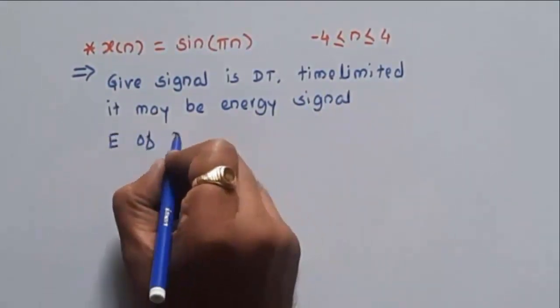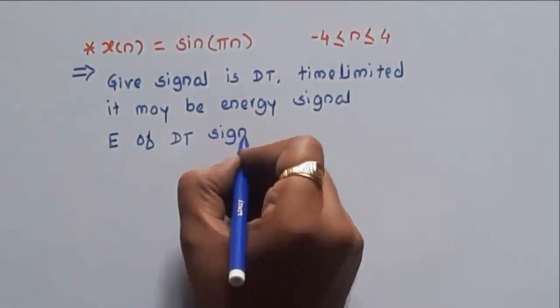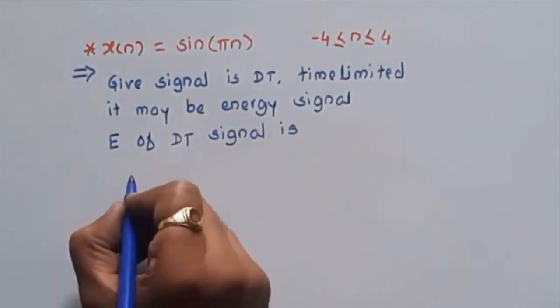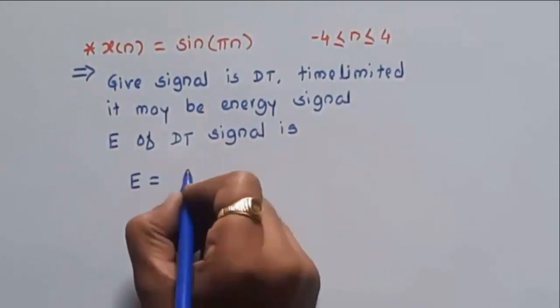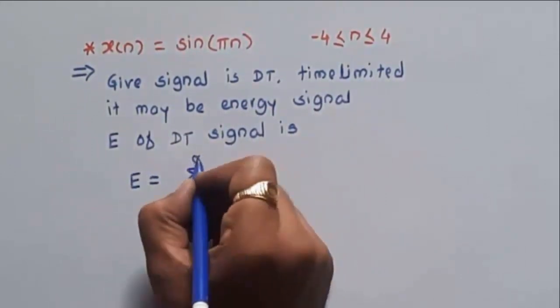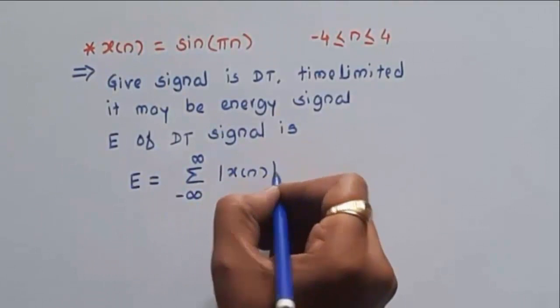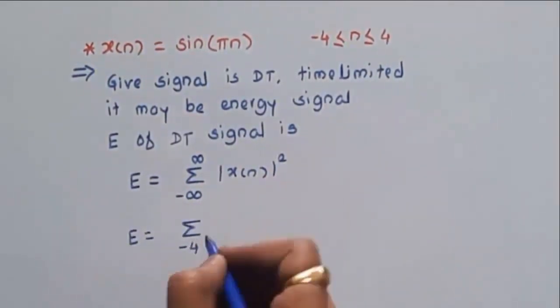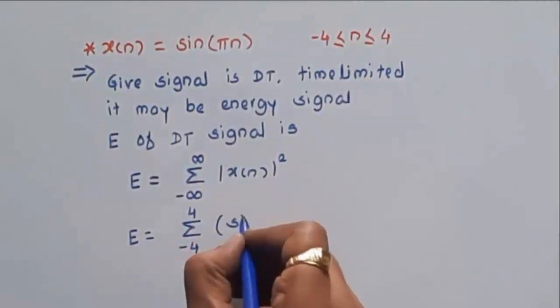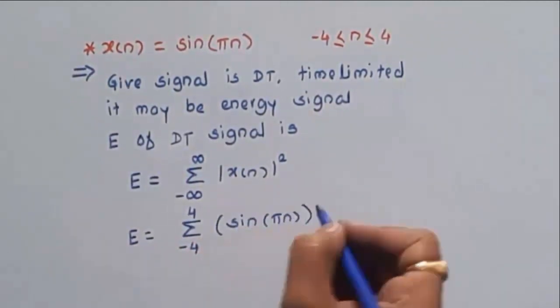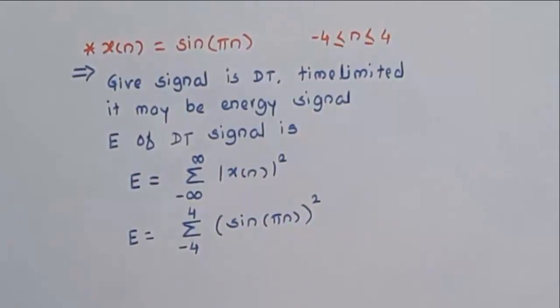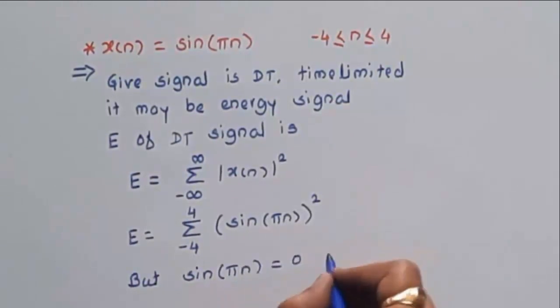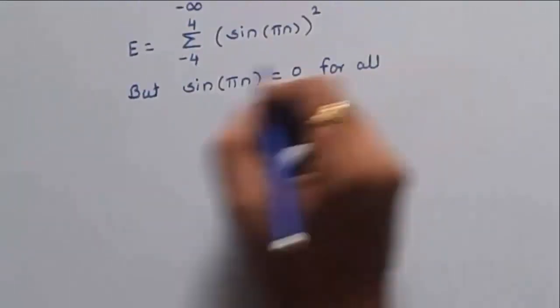We know that energy of a discrete time signal is energy E is equal to summation minus infinity to plus infinity mod of x of n square. Now here x of n is present from minus 4 to plus 4. So summation limits will be minus 4 to plus 4. X of n is sin pi n. But sin pi n is always 0 for all integer values of n.